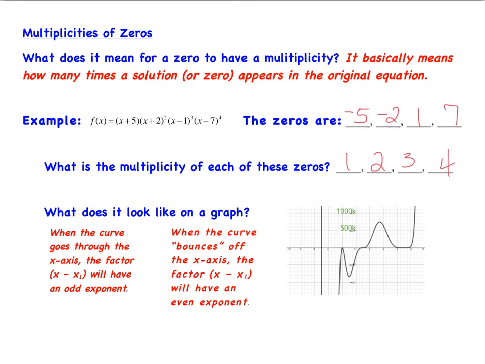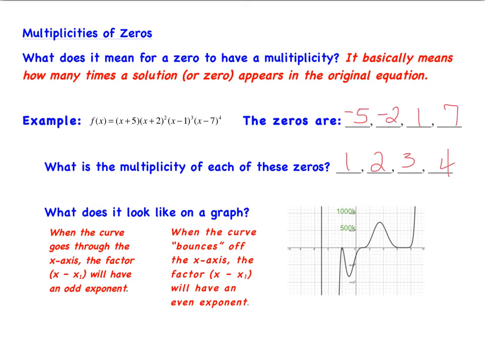So this tells you that your multiplicity is an odd number, and in this case, 1. Another note I would like to make is that it goes straight through the x-axis. There is no curving, and so that means that your exponent will be 1.